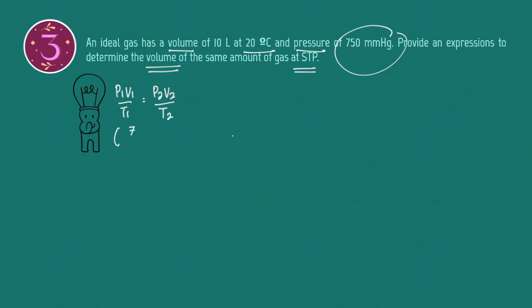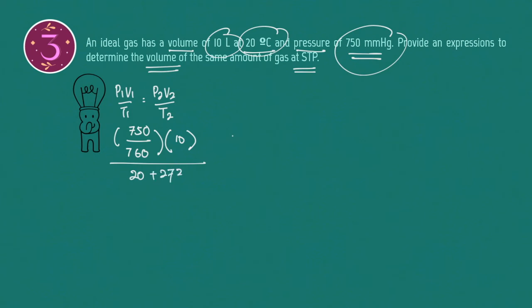So 750, the value given to you in the question, divided by 760, then your V1 has a volume of 10 liter, so your V1 is 10, and the temperature is 20 degrees Celsius, so naturally you need to convert this to Kelvin, 20 plus 273, equivalent to 293.